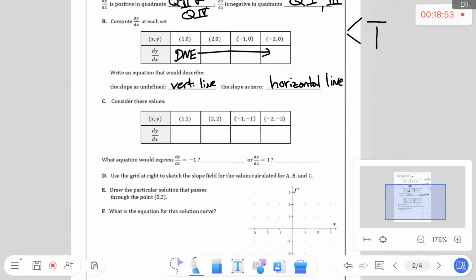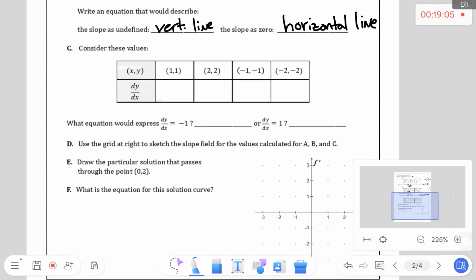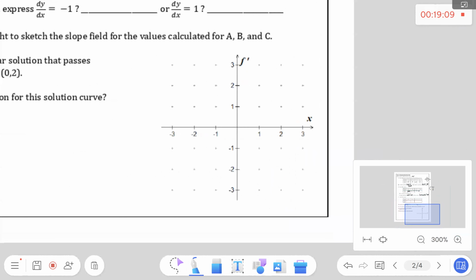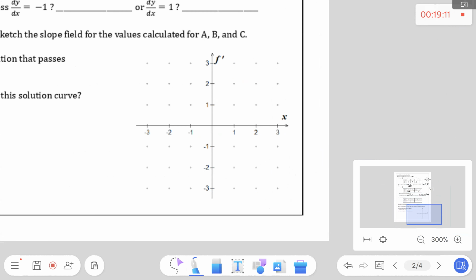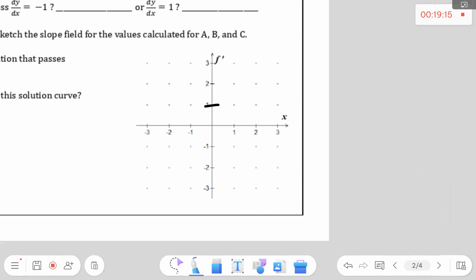Rather than beating this problem to death, I think we have enough pieces of information to graph our grid. I'm going to zoom in nice and close. We know what we just did is you have a horizontal line here.